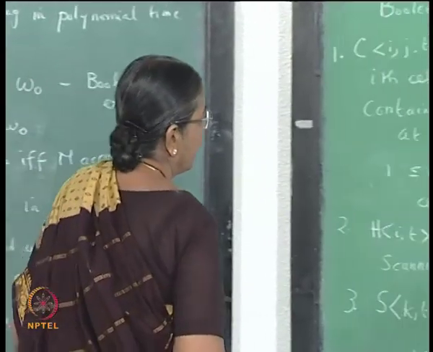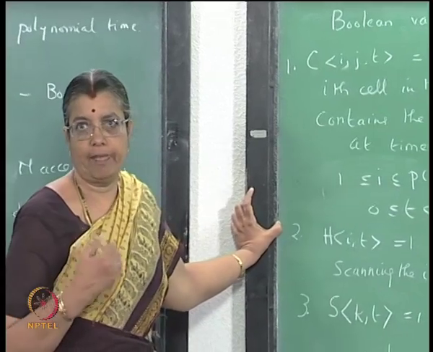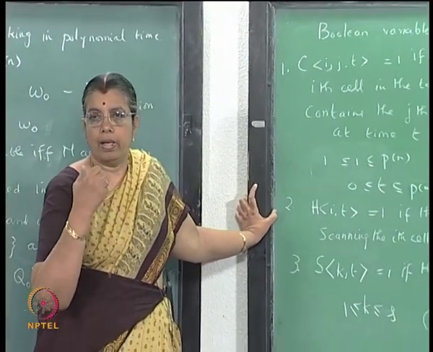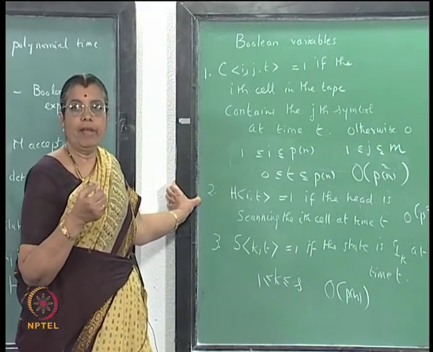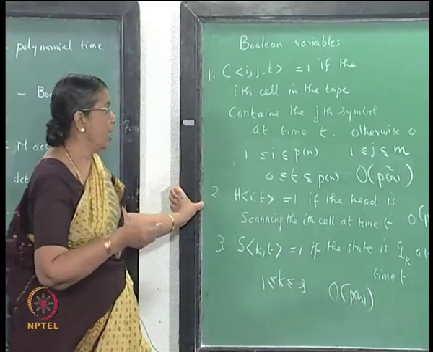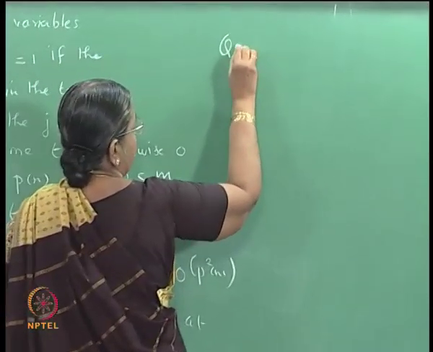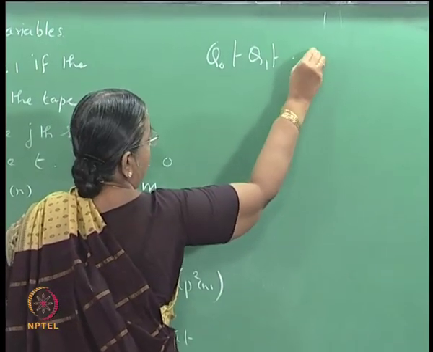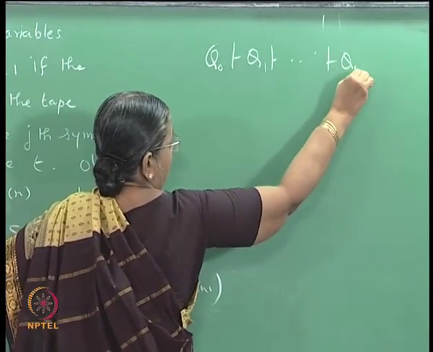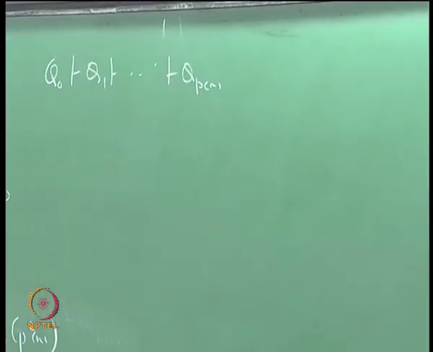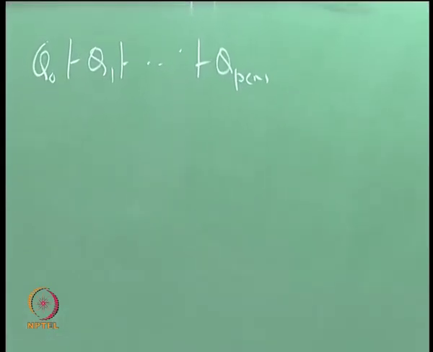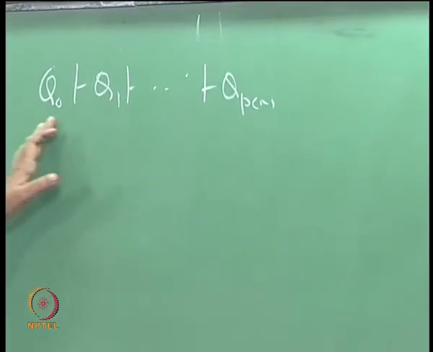Now, this expression W naught you have to write, given M and w you have to represent W naught, and W naught is satisfiable if and only if it represents a sequence of moves which leads to acceptance, q naught, q1 etc. up to qq. You have to write W naught in such a way that it will become satisfiable if and only if there is a valid sequence of IDs leading to acceptance.